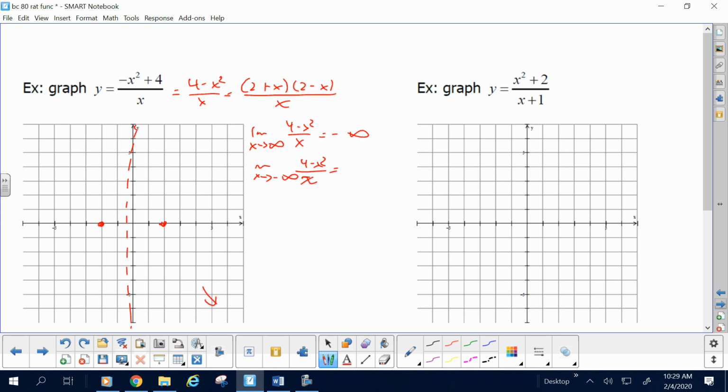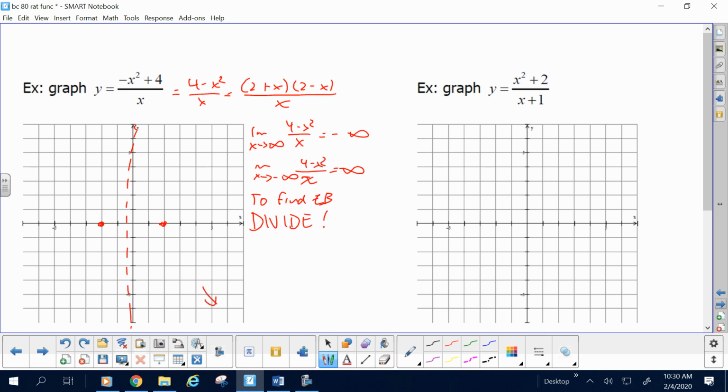That would be 4 minus really, really big divided by negative really, really big, but which one wins? So it'd be negative over negative and positive infinity. Now then, that said, what exactly does it do is the lesson of this day. To find the end behavior, today you will divide.